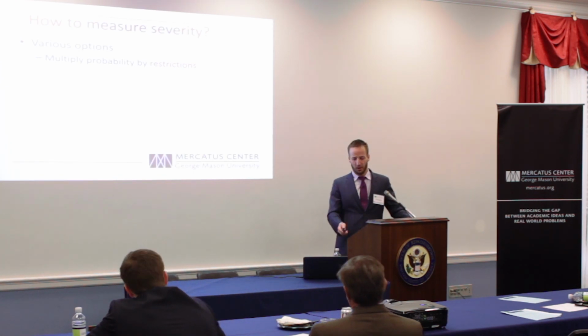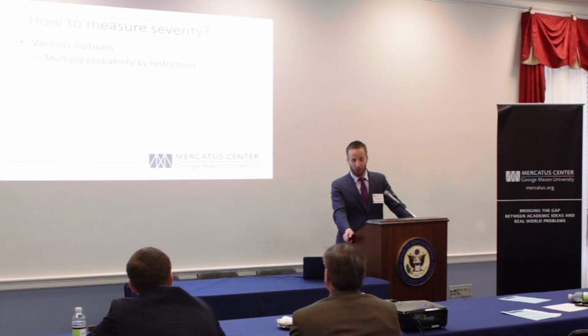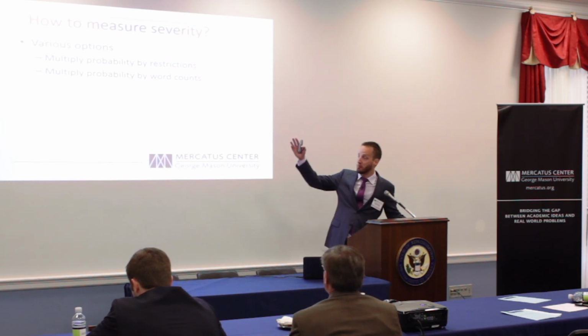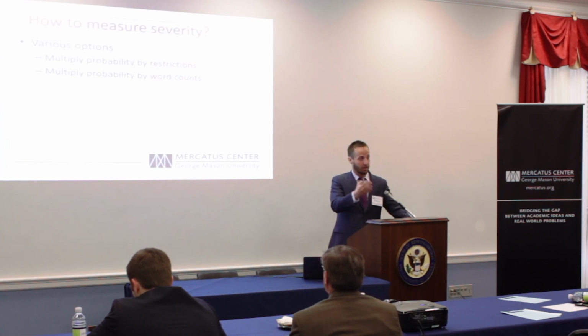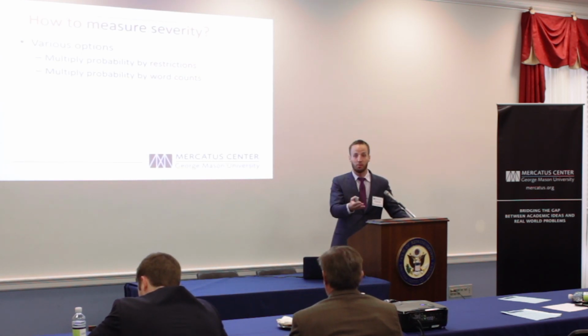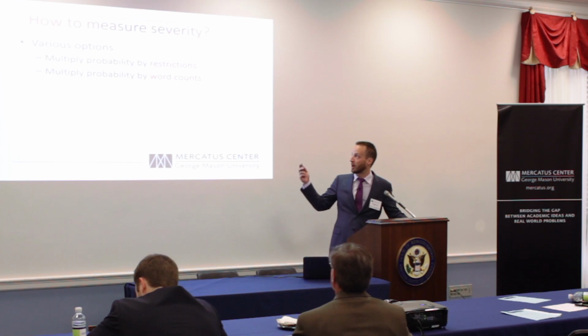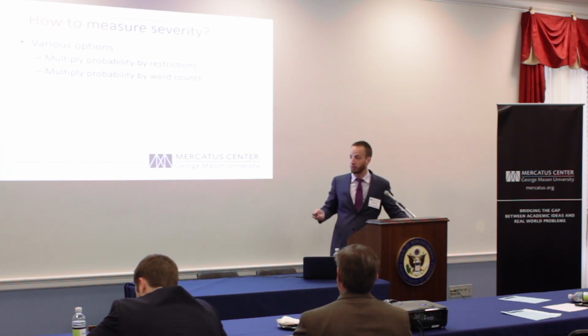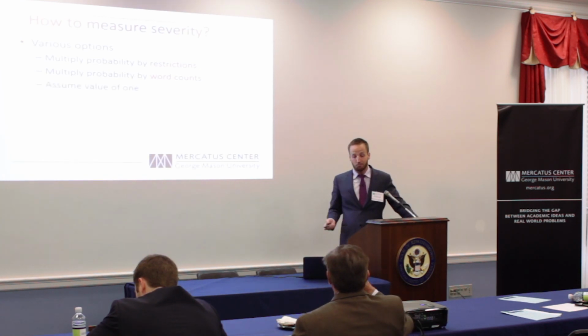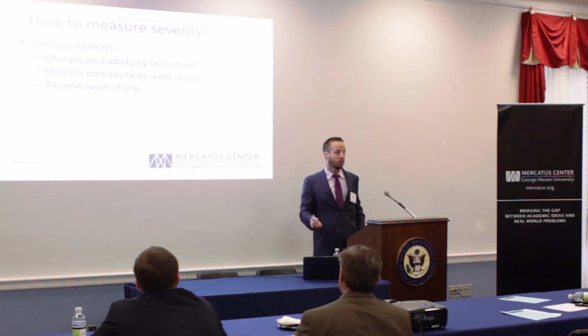Turns out restrictions are actually pretty highly correlated with overall word counts. You could also look at word counts. It gets you fairly similar results. Either way, you can multiply the probability that a document's about your business or your industry that you care about, multiply it by restrictions or by word counts if you're thinking back to that probabilistic risk assessment model. Or you could ignore the severity part altogether. That's fine.